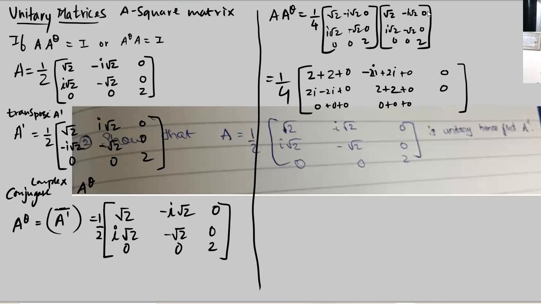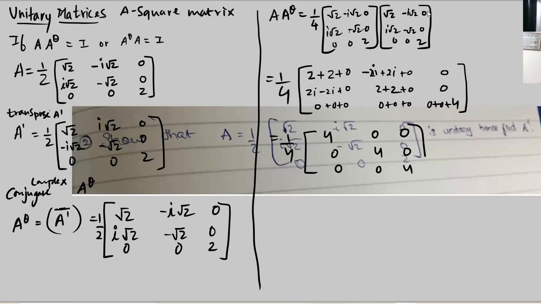And then third row into third column: 0 plus 0 plus 2 into 2 is 4. So that is 1 by 4 bracket 4, 0, 0, then 0, 4, 0, then 0, 0, 4.